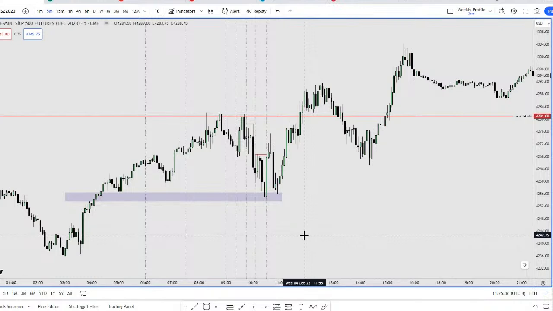I'll look into the payment market on my chart and see again. Okay, good. So now let's move on to the next one, which would be non-farm payroll day itself.